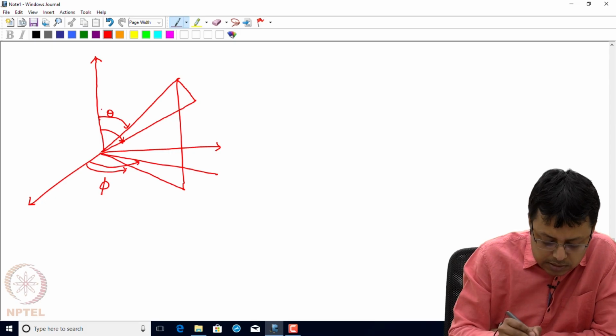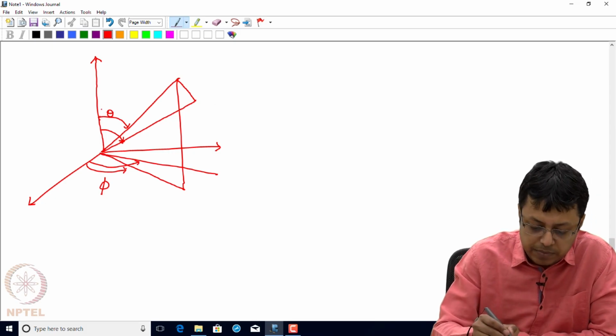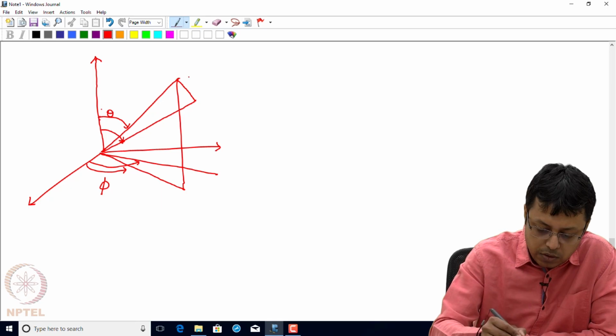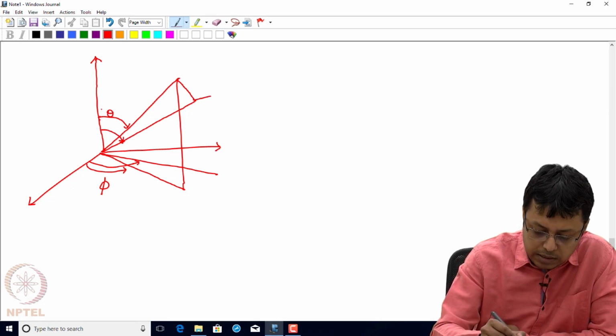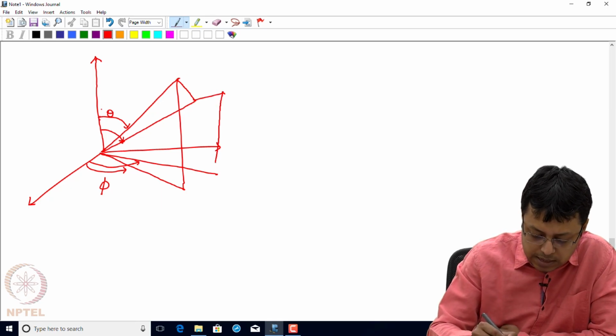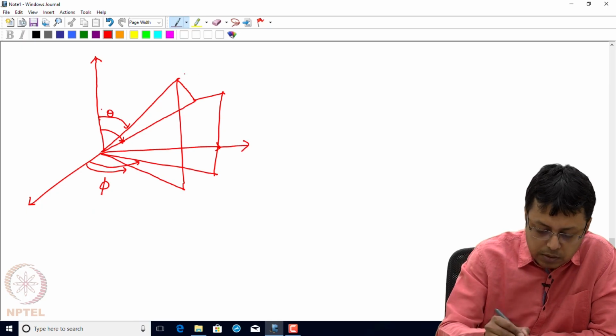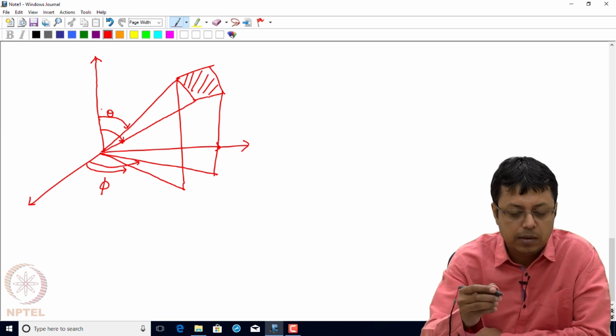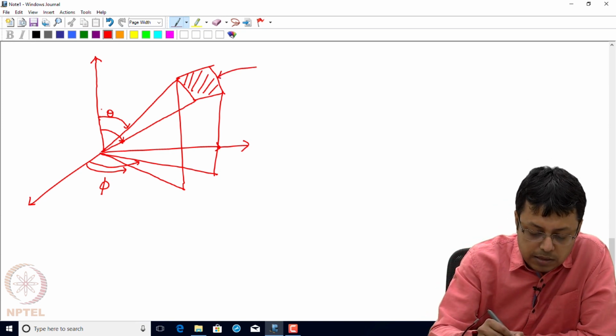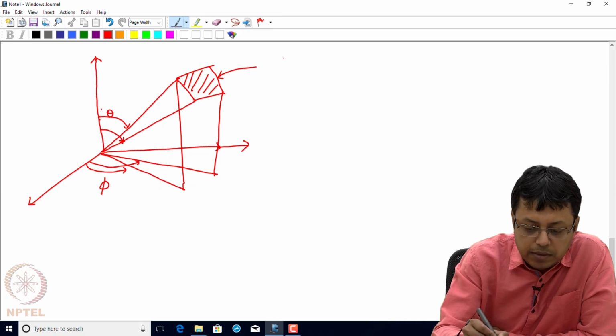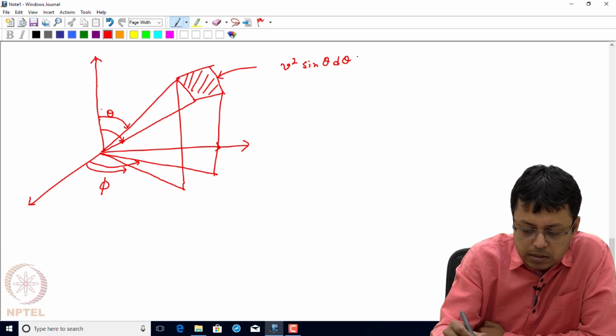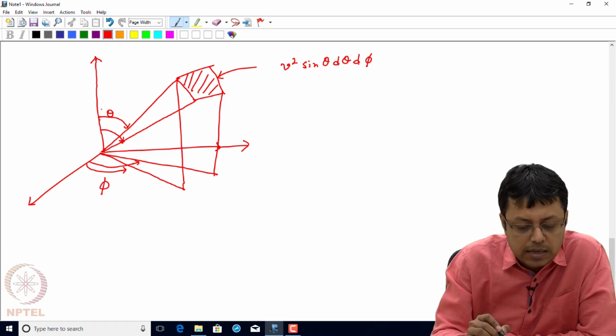Together, we will sweep an area going from theta to theta plus d theta and phi to phi plus d phi, and this area is v square sin theta d theta d phi. So that is the area.